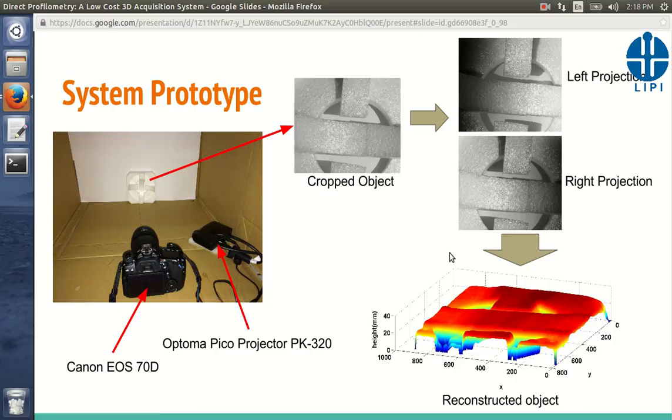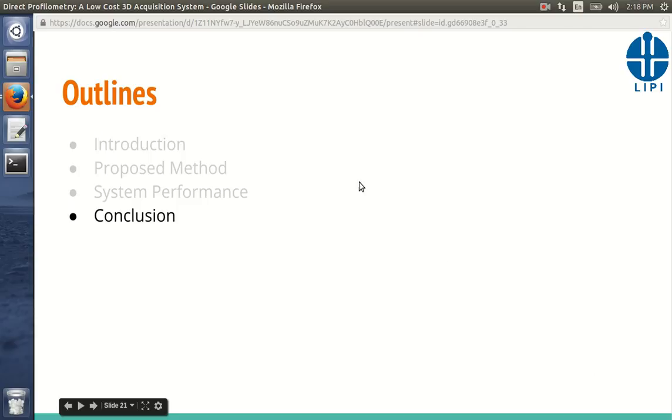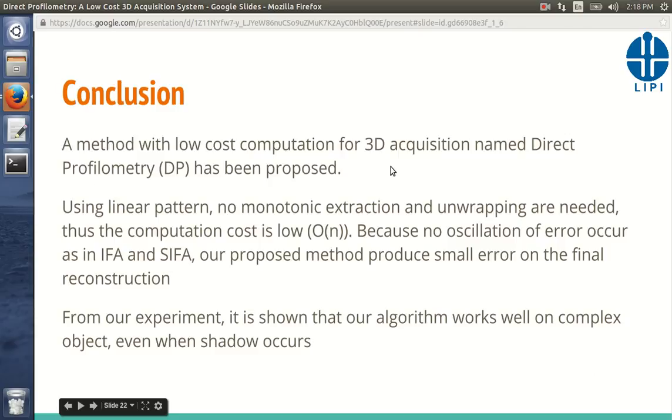Okay, so the conclusion. A method with low-cost computation for a 3D acquisition system, named direct profilometry or linear profilometry, has been proposed. Using a linear pattern, no monotonic extraction or unwrapping is needed. Thus, the computation cost is very low.